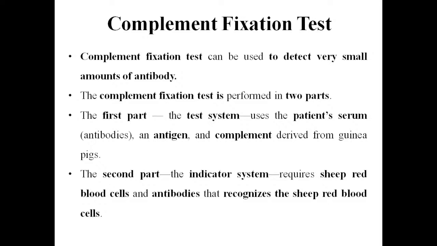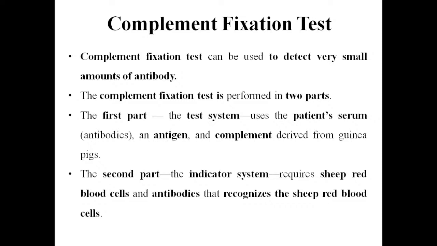The first part is called the test system that uses a patient's serum or antibodies and antigen and complement derived from guinea pigs. I hope you remember what complement is. It is plasma proteins produced in the liver that are present in the human organism in non-active form. It is activated just in the presence of immune complexes, complexes of antigen and antibody.